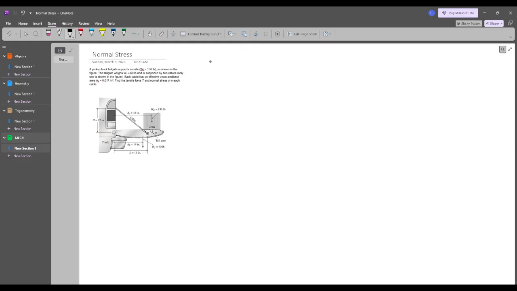What are we supposed to find? It's asking us to find the tensile force, which is T, and also the normal stress, which is this thing. And the way you get this thing is you need to do this thing.